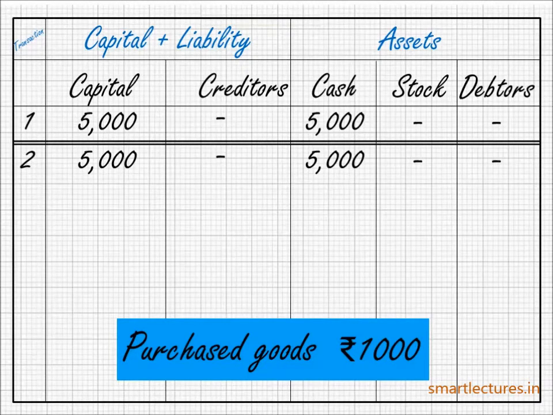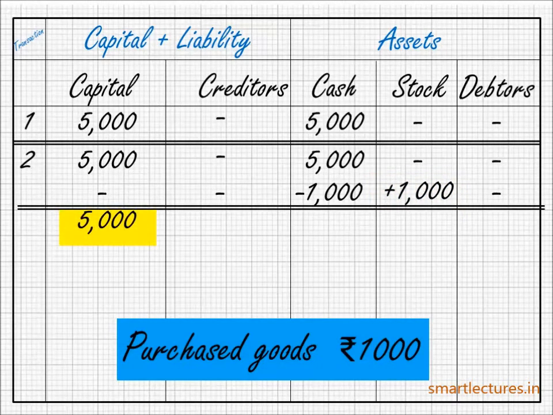Cash purchase means on one side we pay the cash and on the other side we receive the stock. No effect on capital because purchase of goods is neither loss nor profit. So cash column minus 1,000, stock column plus 1,000. So the new equation will be capital 5,000, cash 4,000 and stock 1,000.